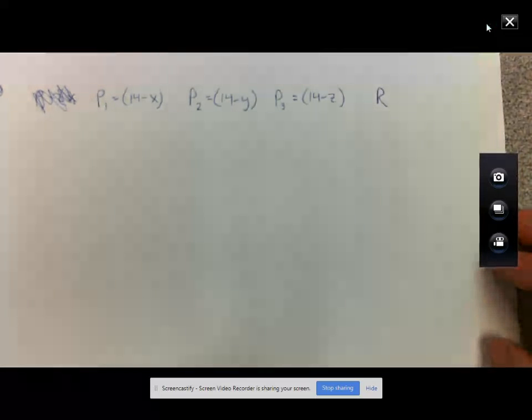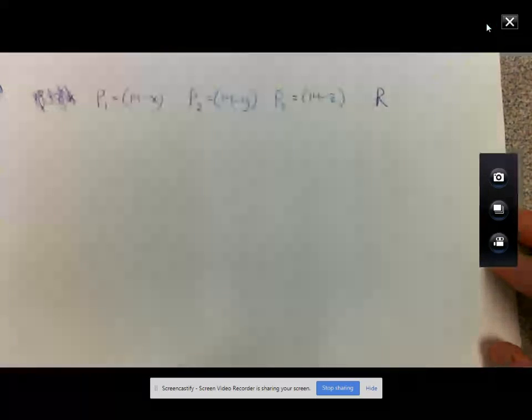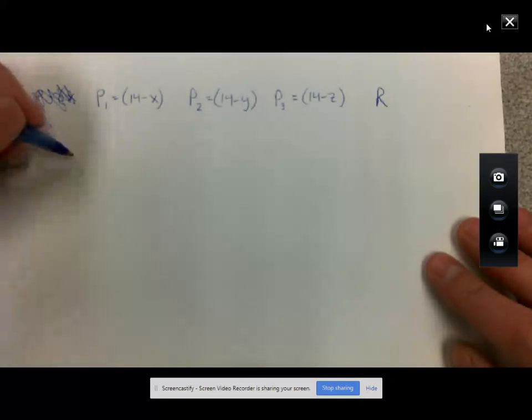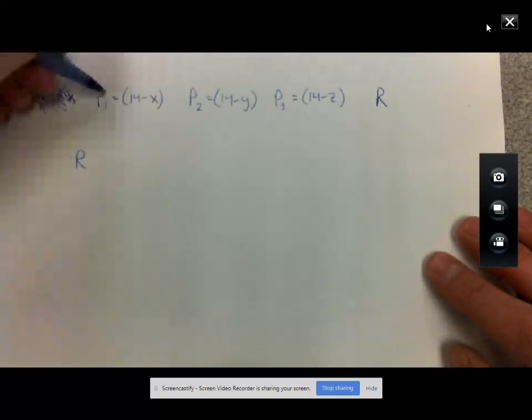I'm just going to use R for the remainder, because you're going to put all the rest of the cards into one pile. And that'll be the remaining pile. Okay, so you've got the remainder. You've got everything except for what was in the 3 piles that the person flipped over.